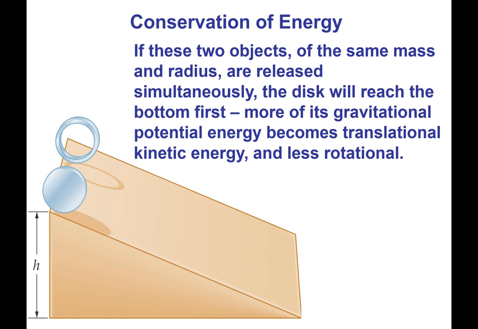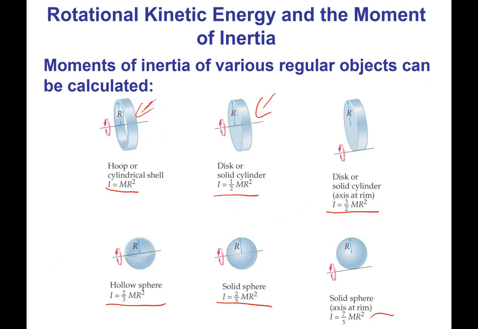So for these two objects, same mass and radius, released simultaneously, which will reach the bottom first? The disk will go first, because more of its gravitational potential energy is transferred to kinetic and less to rotational. If we go back to our equation here, the disk's moment of inertia is 1/2 as much as the hoop's.